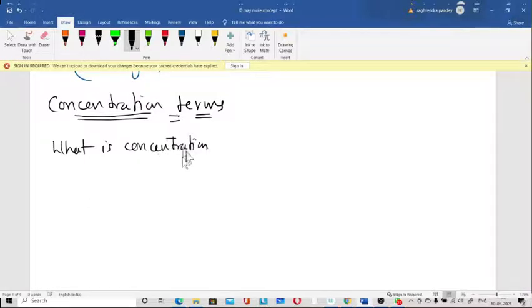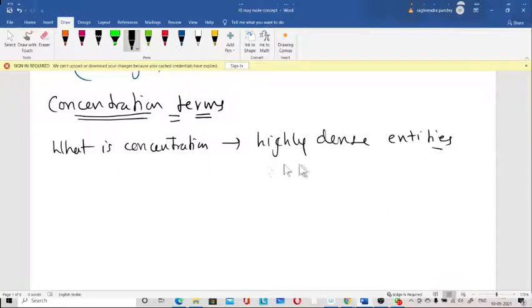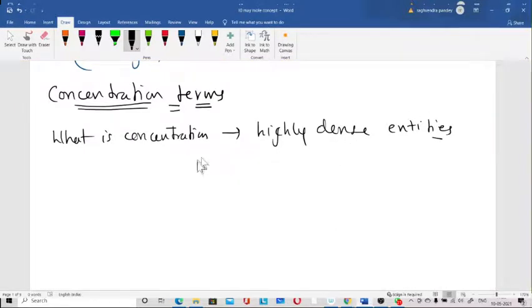The meaning of concentrate or concentration is highly dense entities. That is your concentration, highly dense entities. Entities can be particles, they can be people, anything. So that is highly dense entities. That is your concentration.